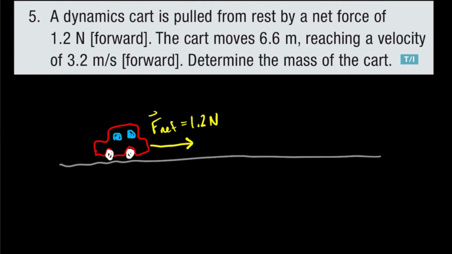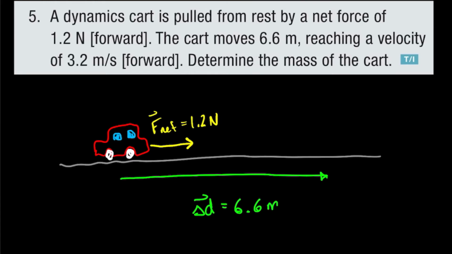The cart moves 6.6 meters, so that's going to be our displacement vector, and we're going to leave it as positive, indicating forward, which is to the right.